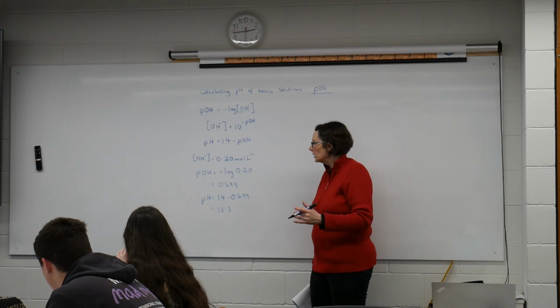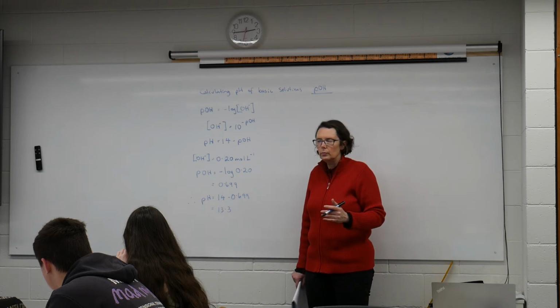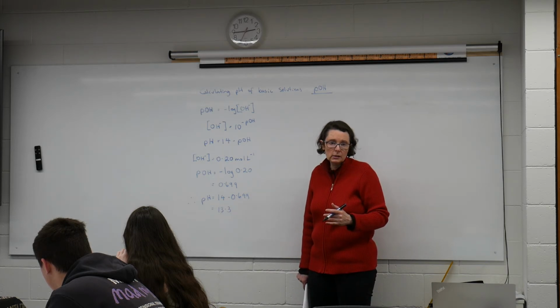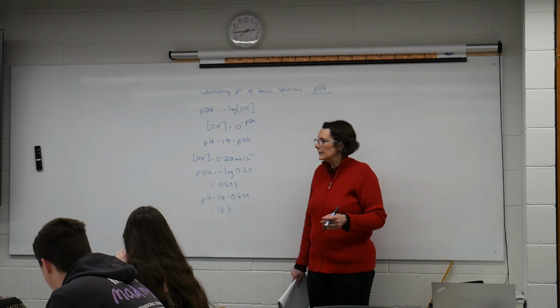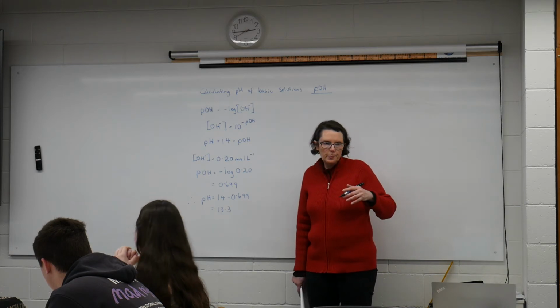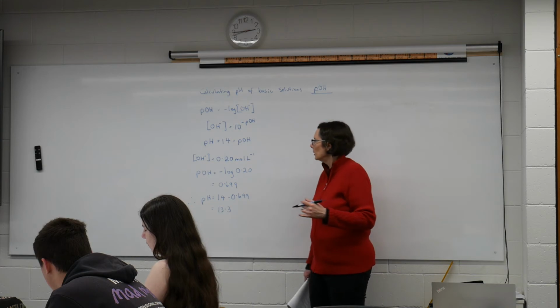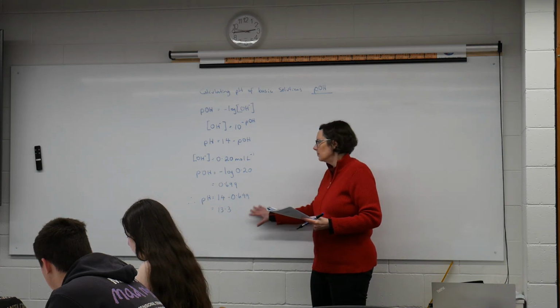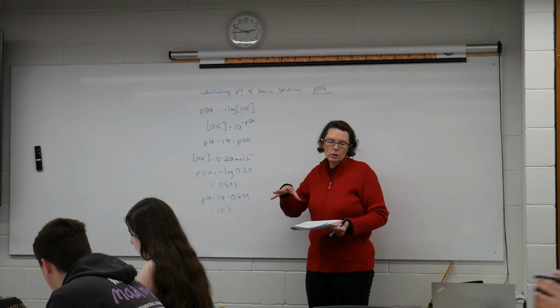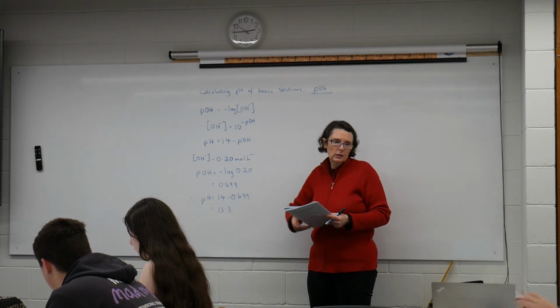And the place where you can end up with values less than 0 would be in mine tailings, very, very nasty environments. That's where we would see very low pHs. But by and large, our pHs are 0 to 14.